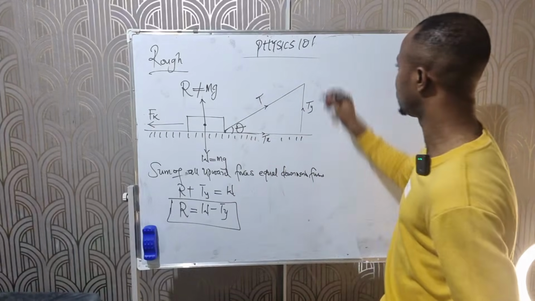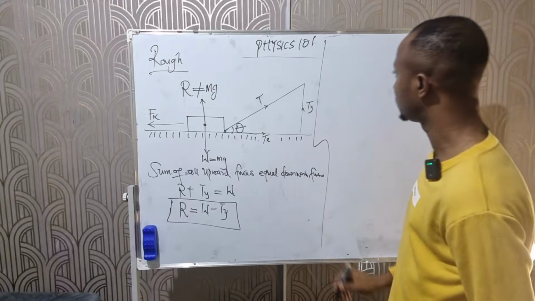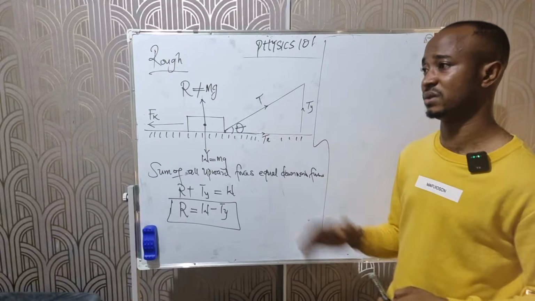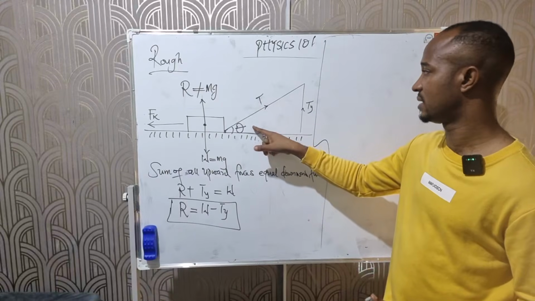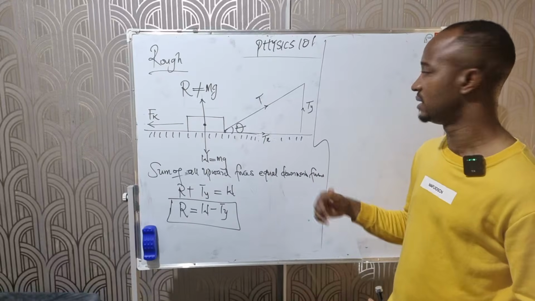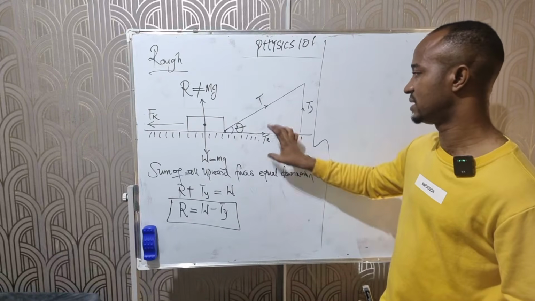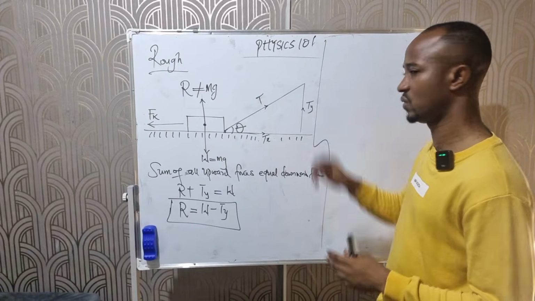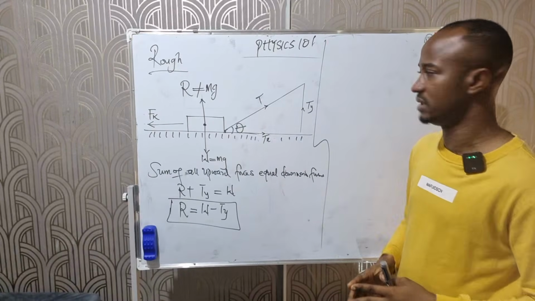Look at this here. Listen. In vector resolution, whenever your angle of inclination is along the x-axis, we resolve Tx using cosine. The trick to resolve Tx is cosine. The trick to resolve Ty is sine.